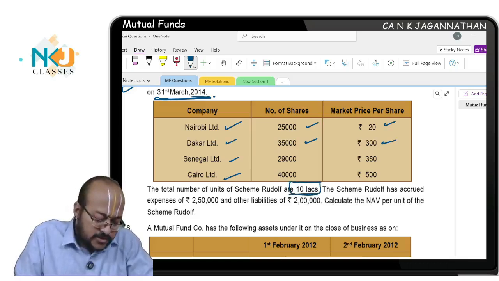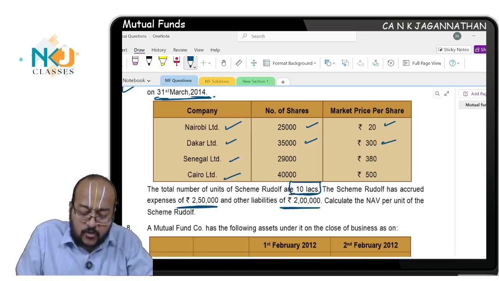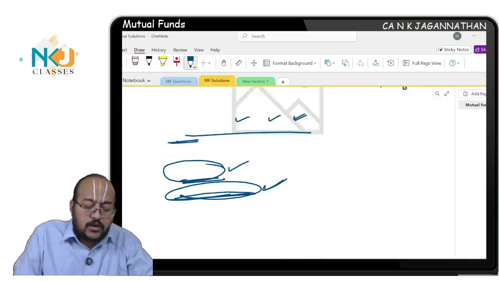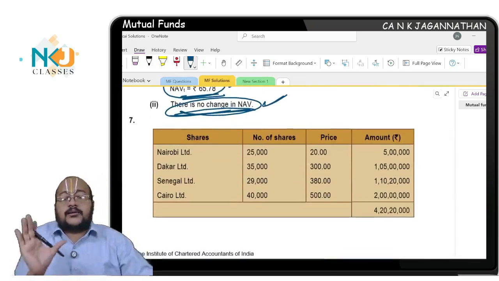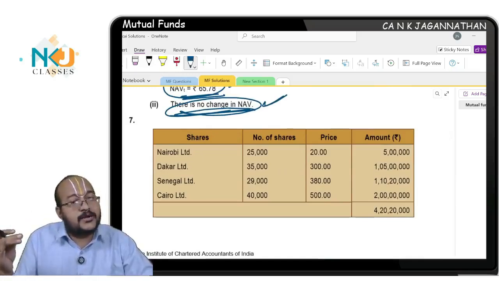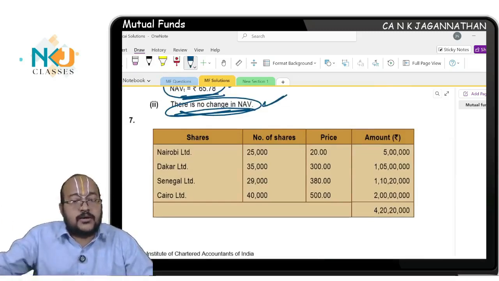The scheme has accrued expenses of this much and other liabilities of 2 lakhs. Calculate the NAV per unit of the scheme Rudolph. See, NAV computation, you already know that all the assets will be added, then the accrued expenses will be deducted, and you will divide it by the number of units outstanding. You will get the NAV.